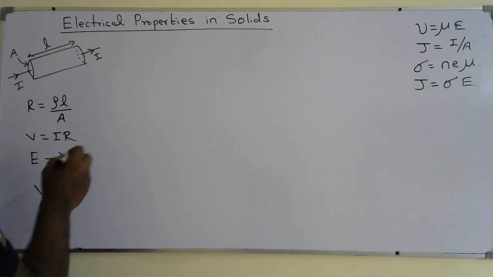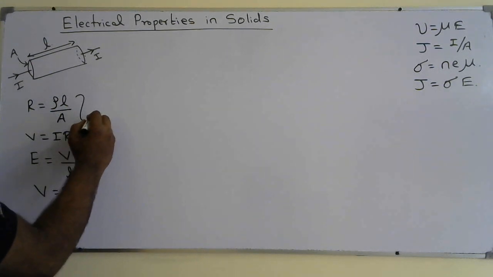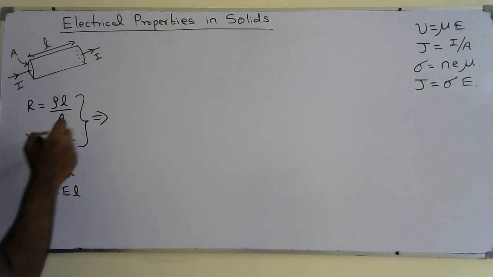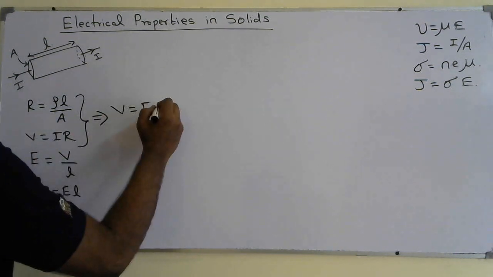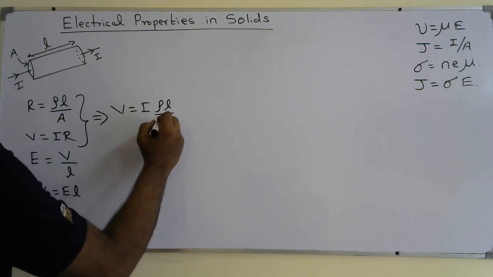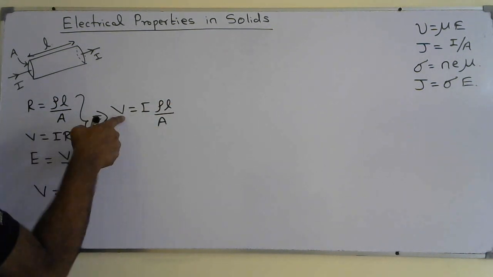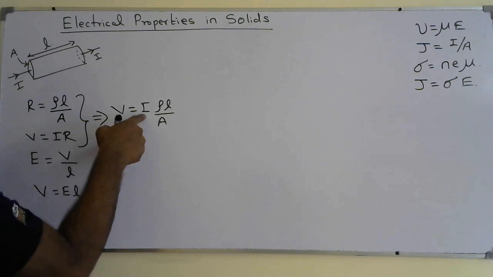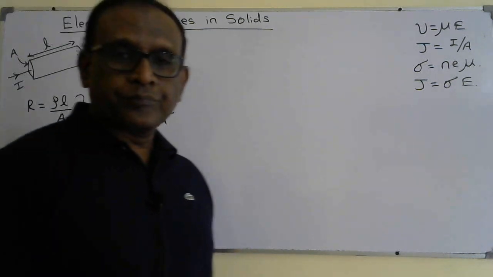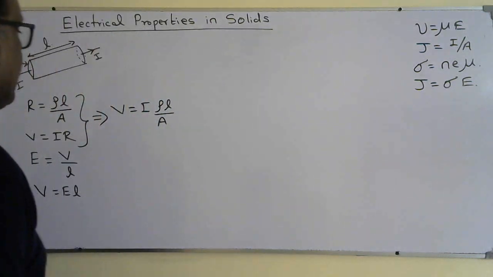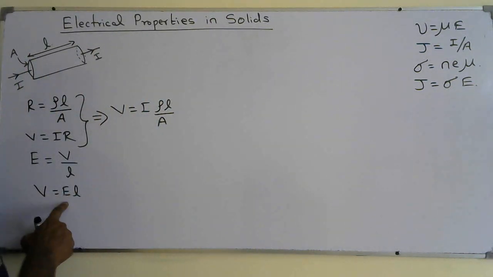Now use these two equations. We can get V equals I times, instead of R, rho L over A. Now instead of V, substitute EL.